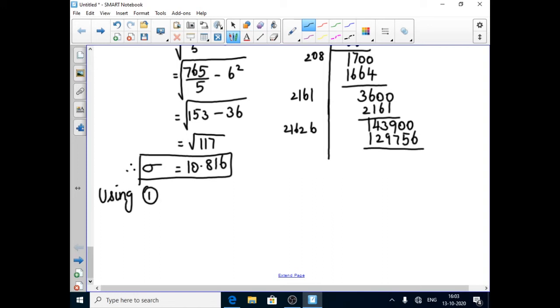In the first equation we have the coefficient of variation, or C.V. Coefficient of variation is equal to sigma, the standard deviation, by x bar, whose value is given as 6, into 100 percentage.